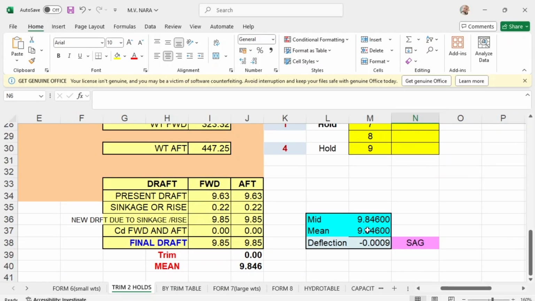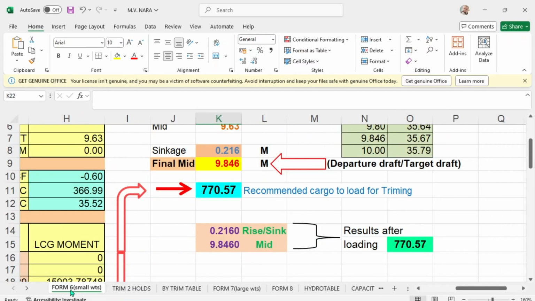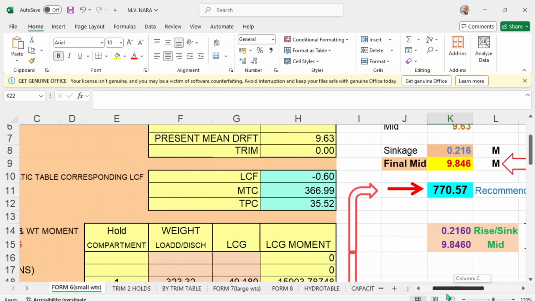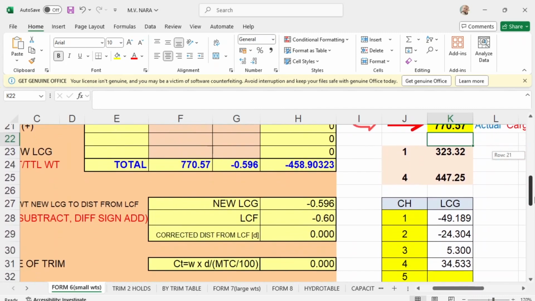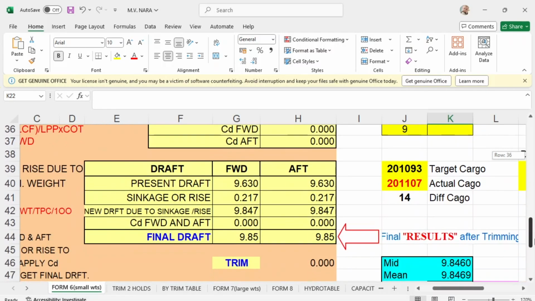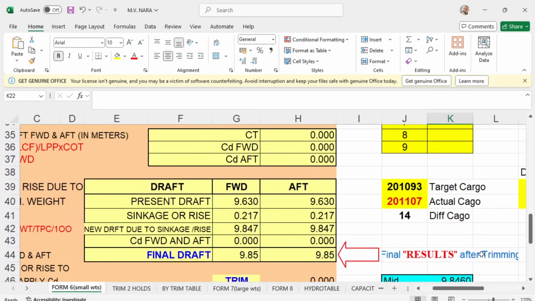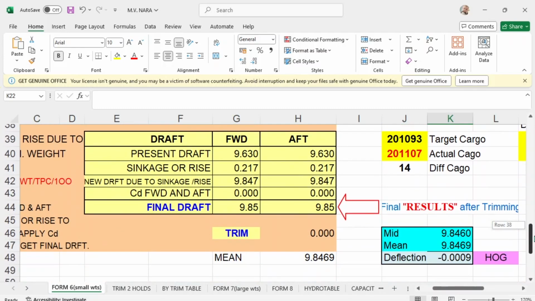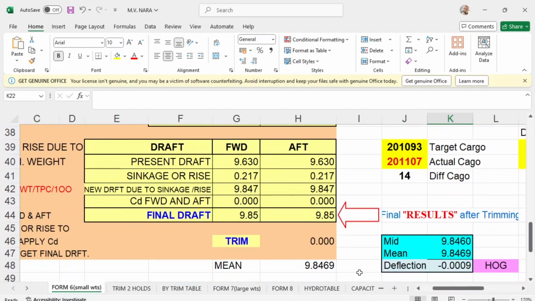The same, 9.846. See, mid and mean will be the same. And you go back to form number 6. Your departure draft will be 9.85, and your mean draft is 9.846. You have here the same 9.846, you have zero deflection. Okay, so let's continue.